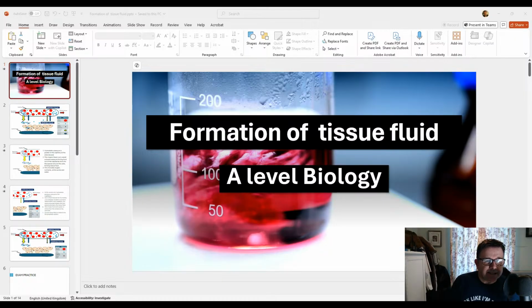So this means there's an overall outward pressure. So it's against the osmotic potential. The osmotic potential is the blue arrow, and so therefore it's greater. So the hydrostatic pressure forces fluid out of the capillaries and into the spaces around the cells, the interstitial cells, forming tissue fluid.